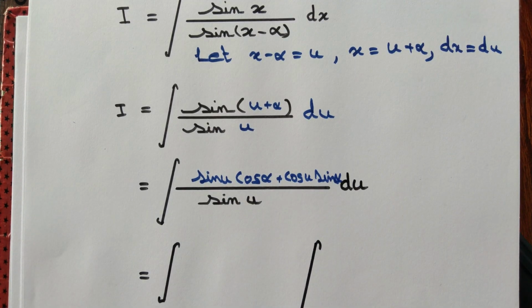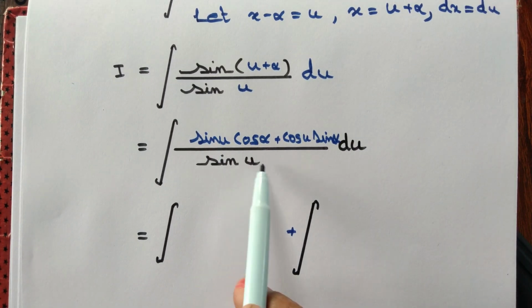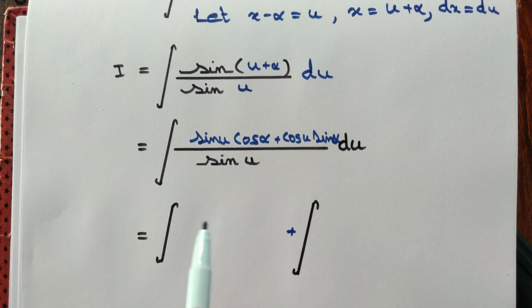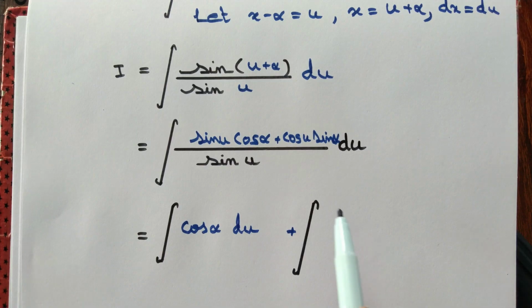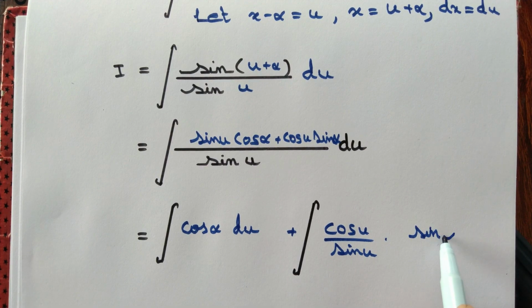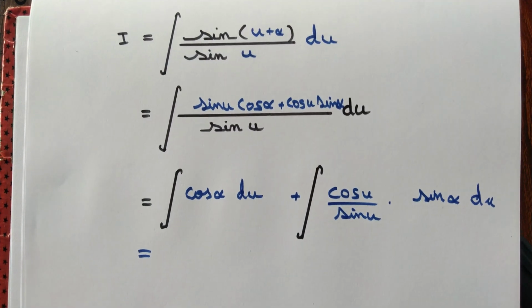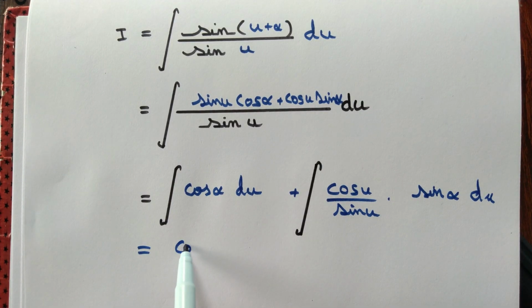Now we know that integral of sum equals sum of integral, and we can break it, we can cancel sine out, and we will be left with cos alpha du, and this one we can write as cos u by sine u times sine alpha. That's just a constant, but we write it inside the integral for the time being, du. We know that integral of cos alpha, that's just a constant, with respect to u is simply cos alpha times u. Integral of du is u.